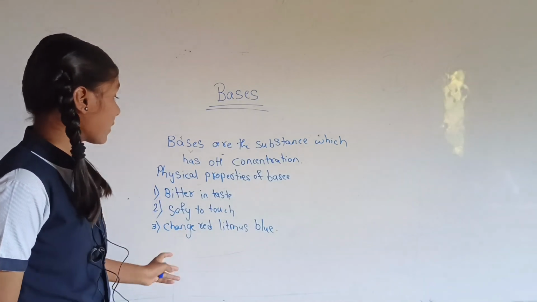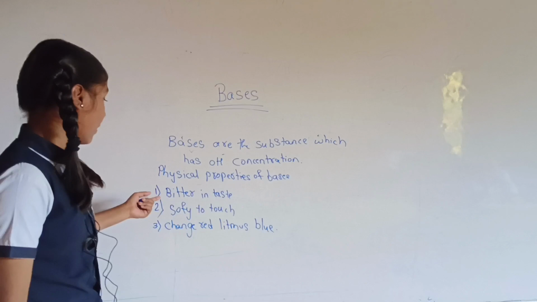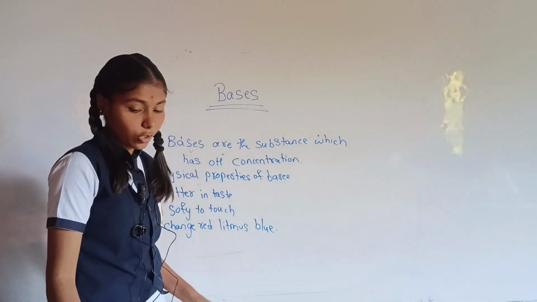Physical properties of bases means these can be seen by our naked eyes. It is bitter in taste, soft to touch, and changes red litmus paper into blue.